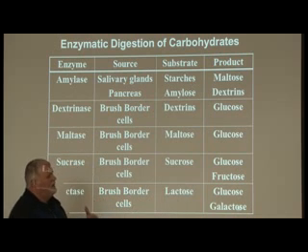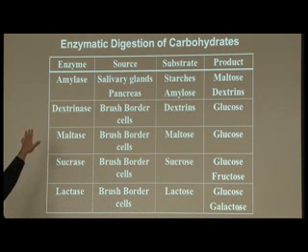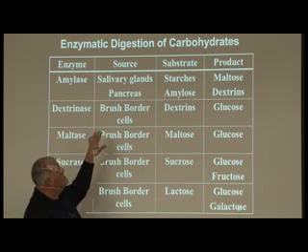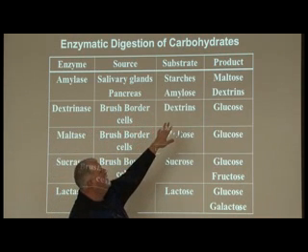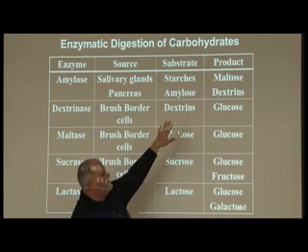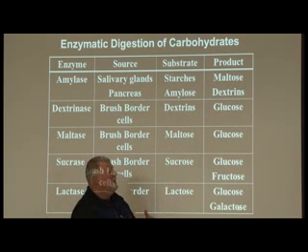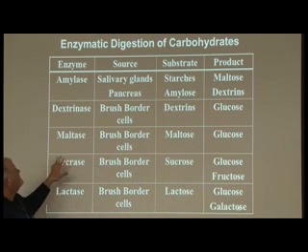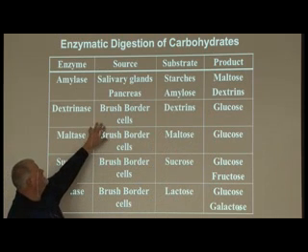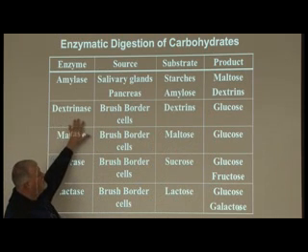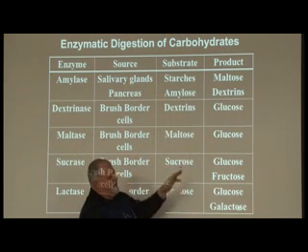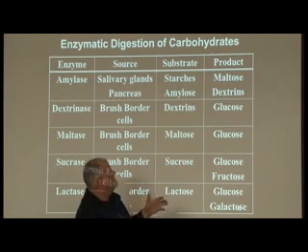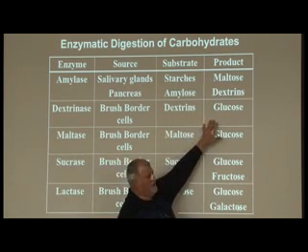In our small intestine, we continue the use of amylase from the pancreas, which is eventually going to break starch down into maltose if given enough time. To facilitate that process, we have a brush border enzyme called dextrinase, whose substrate is dextrins, and that's going to help us break the fragments of starch down into glucose.